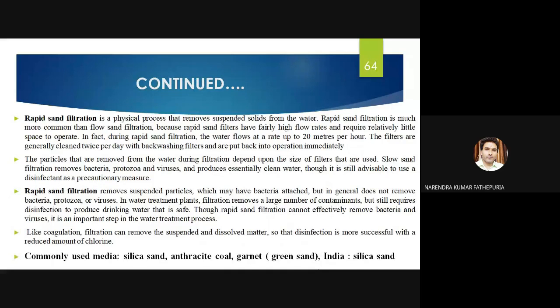It's a physical process that removes suspended solids, fine suspended solids from the water. Rapid sand filtration is much more common than the slow sand filtration because rapid sand filters have fairly high flow rates and require relatively little space to operate. In fact, during rapid sand filtration, the rate is up to 20 meters per hour.